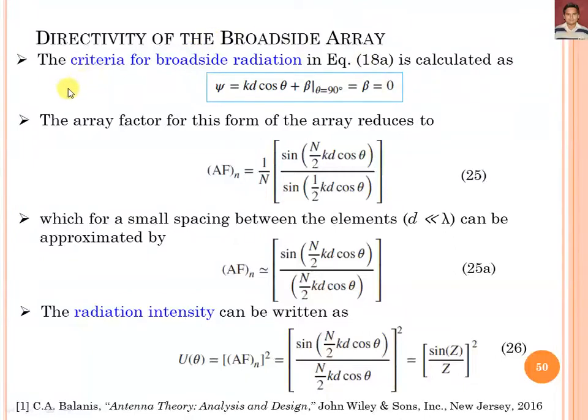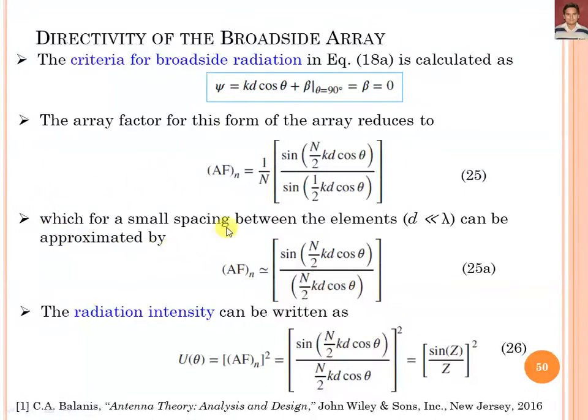Then we can calculate the array factor of this broadside array, which is AF of n equal to 1 by N, sin(N by 2 kd cos theta) upon sin(1 by 2 kd cos theta). We are putting the value of psi while considering beta equal to 0, and in that case we have to calculate the normalized array factor.